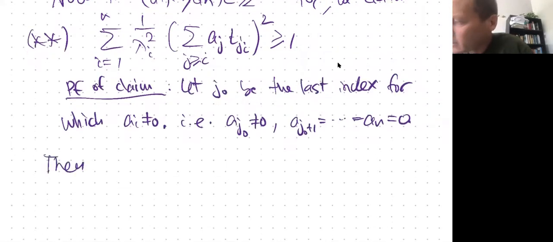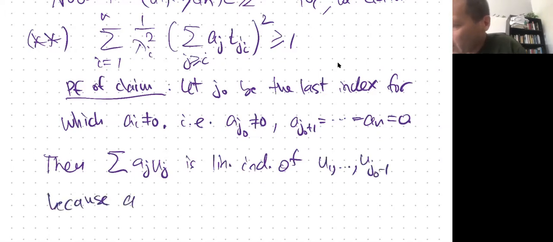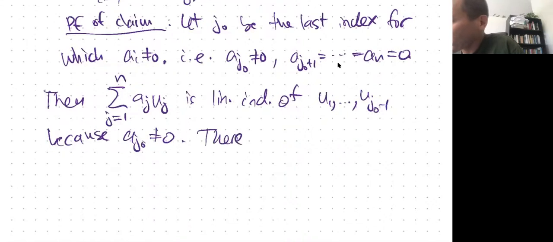Then I'm going to look at the sum that appears in formula star, and this sum is linearly independent of U1 up to Uj0 minus 1 because Aj0 is non-zero. And this implies that we have this inequality.